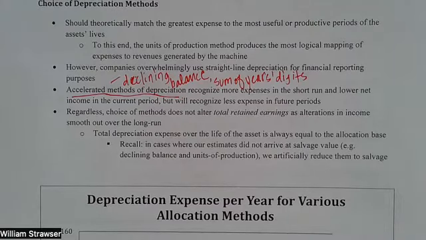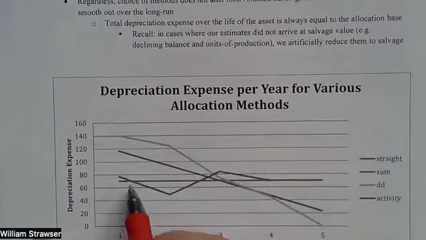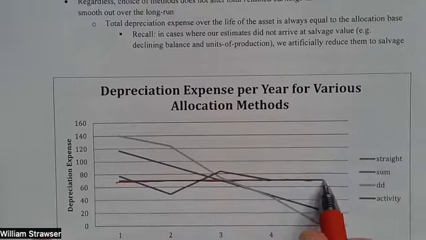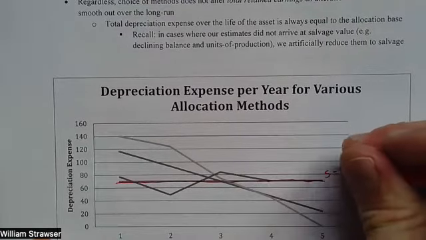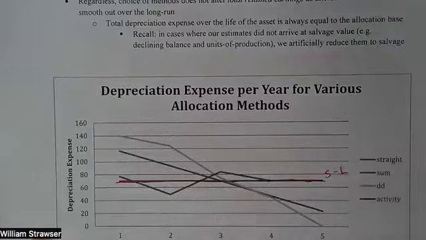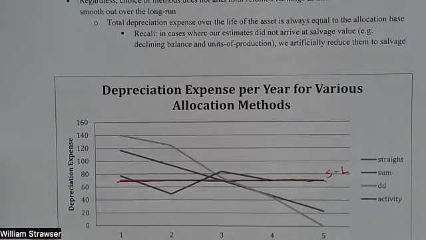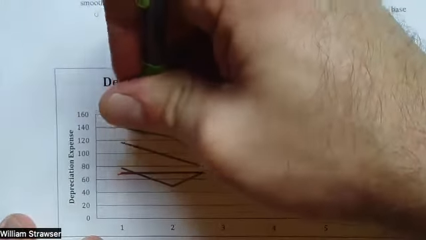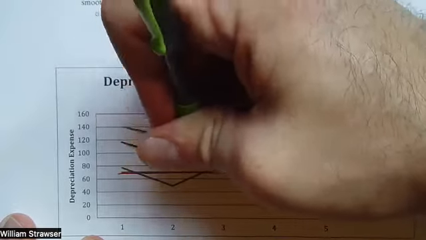The straight line, of course, recognizes an even amount of depreciation. This line right here that goes straight across, this is my straight line depreciation. It doesn't come out, of course, in black and white. The two accelerated methods, and this is depreciation expense on the y-axis, obviously have a lot more depreciation expense in the first years, right?